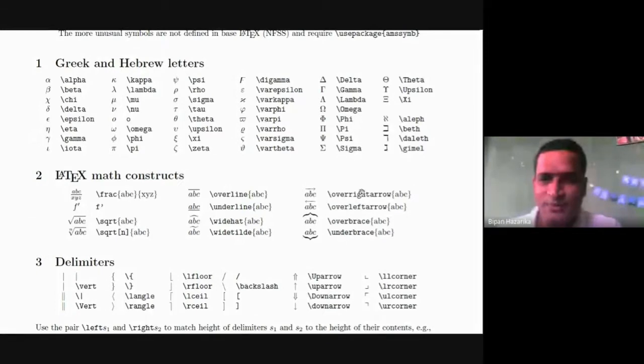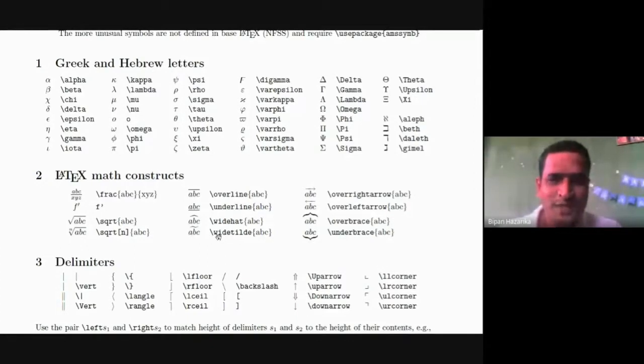In place of right, if you write left, then your left arrow over the text is shown. Then overbracket: we write overbracket with our text ABC, and we get the over bracket. Then underbracket: we can write this command, we get this symbol.